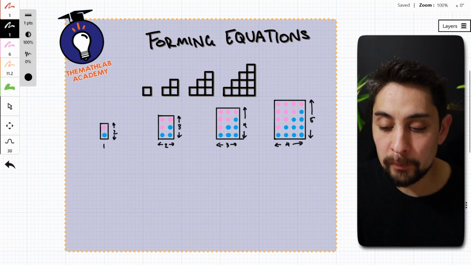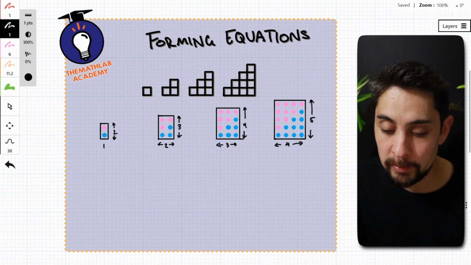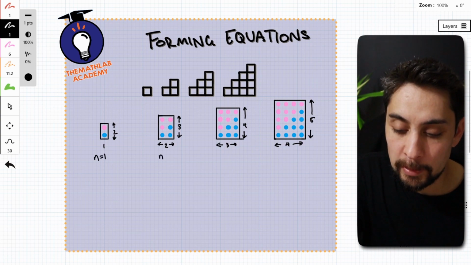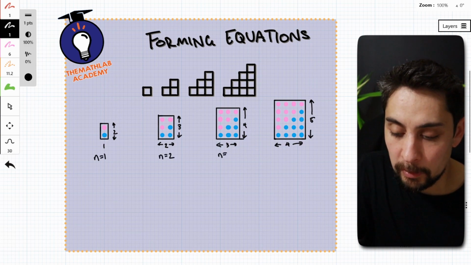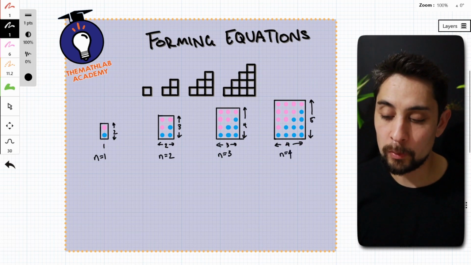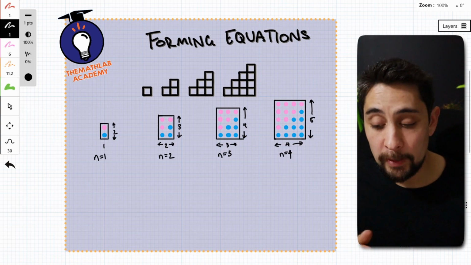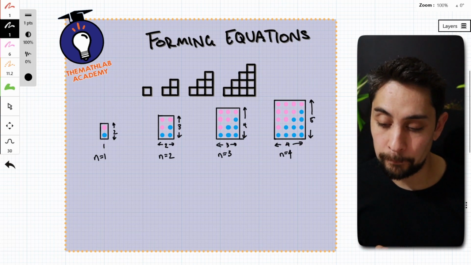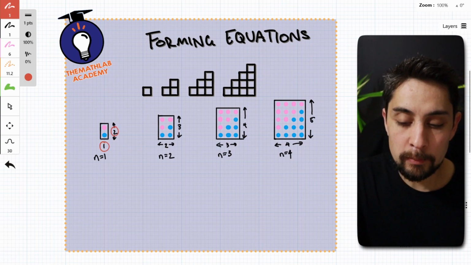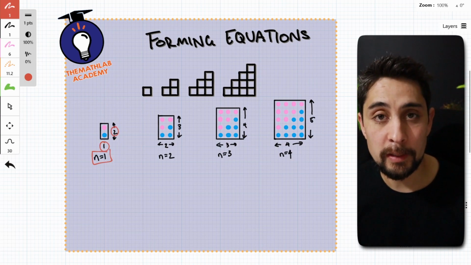So we have the number of squares and the number in the sequence. This is n equals 1, this one is n equals 2, n equals 3, and n equals 4. We're going to ignore the number of squares that we covered last time for now, but we'll bring them in later on. We're now going to relate these numbers here to the number in the sequence.